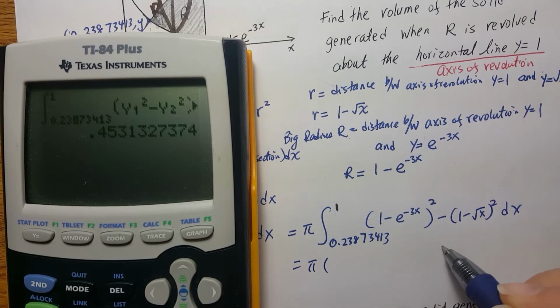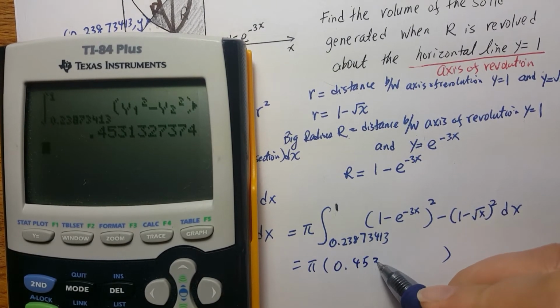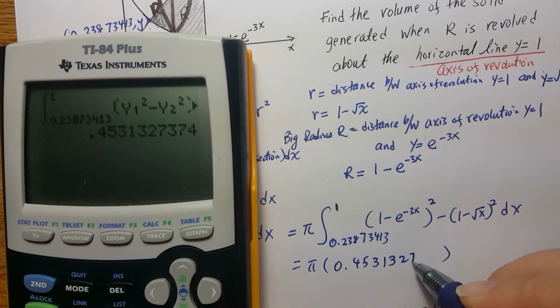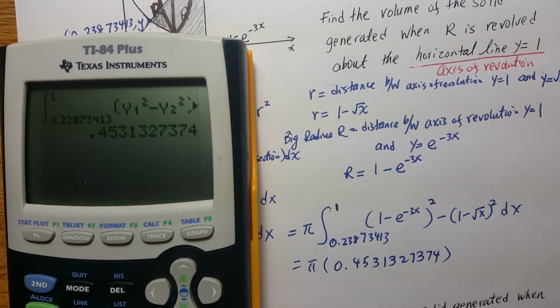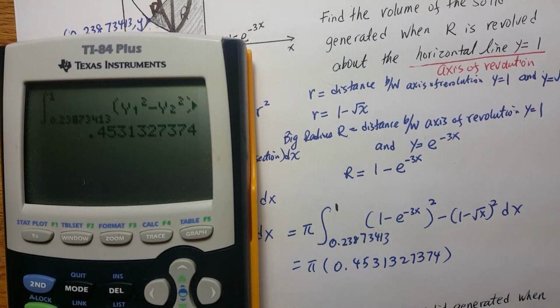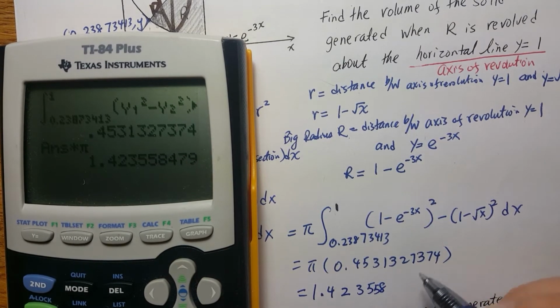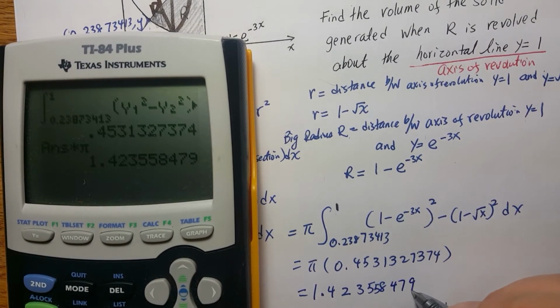So pi times this number. I know it's not going to be a fraction because I have e to something and a square root. Now I'm going to convert this whole thing into decimal, so I'm going to times pi. So we got 1.42358479. So we finished.